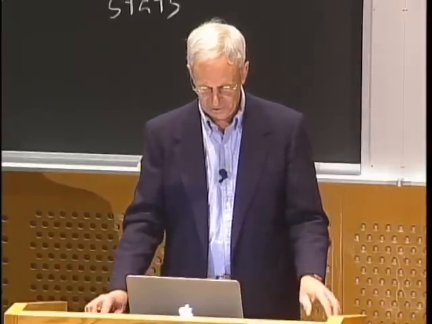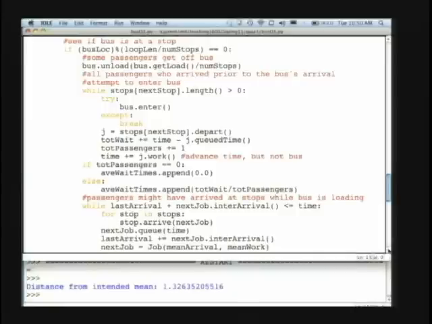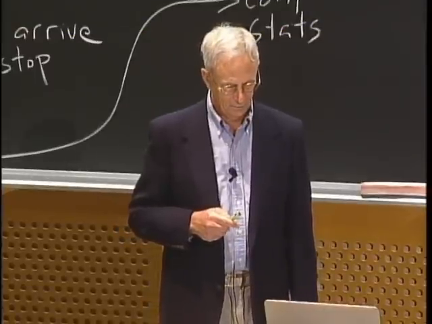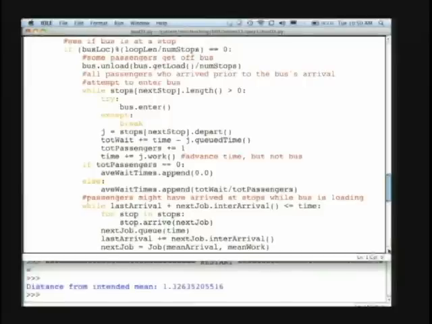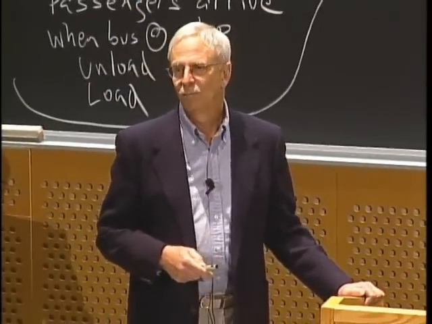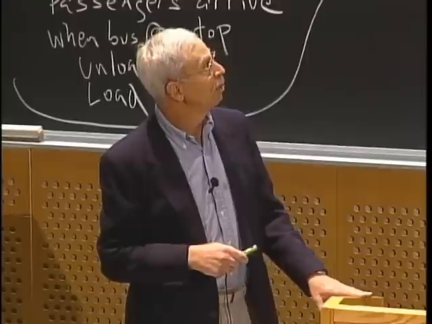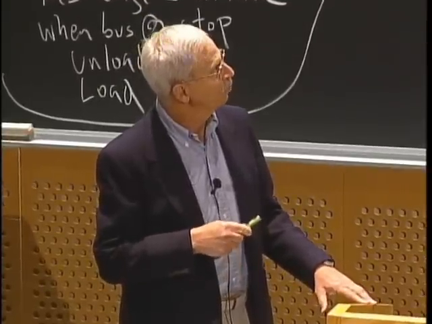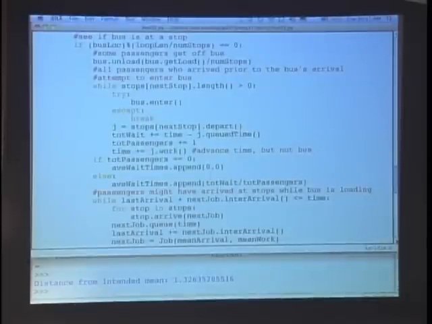If the bus is at a stop, as I said, some passengers will get off. Passengers that are already at the stop will try and get on the bus. We'll have to advance time because time starts to run out as people are getting on the bus, even though the bus is moving. But of course, even though time is advancing, the bus is not. So we have to model that, the impact of loading times.